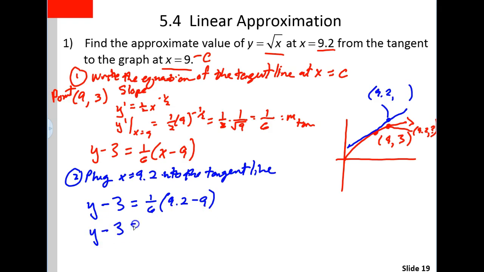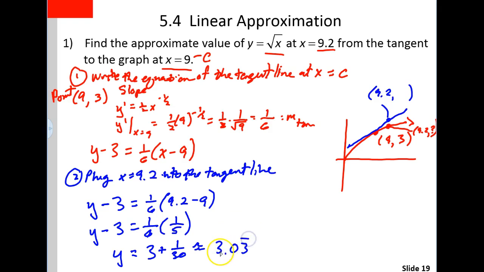So y minus 3 equals 1/6 times 1/5. So 1/6 times 1/5 is 1/30th. So y equals 3 plus 1/30th. Now, just to verify our result, we should figure out that 1/30th is 0.03 repeating. So this is actually 3.03 repeating.